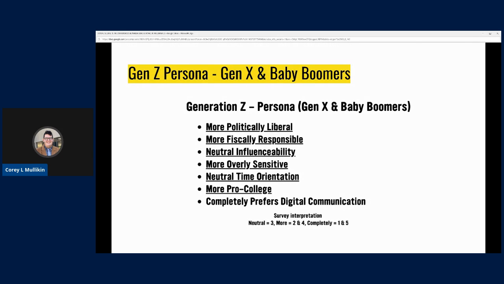They think they're more overly sensitive, which, again, isn't what Gen Z said. Gen Z said, we're not overly sensitive. They still think there's a neutral time orientation. And they also assume they're more pro-college. But they do agree on one thing. They're completely preferential of digital communication.